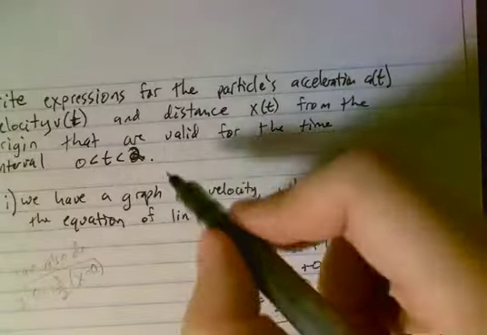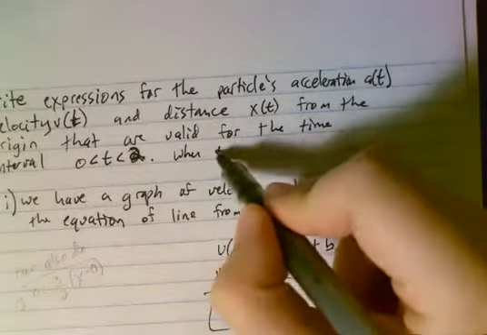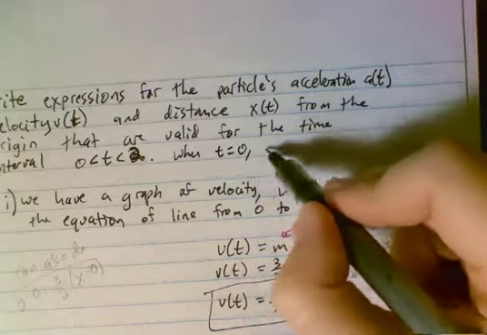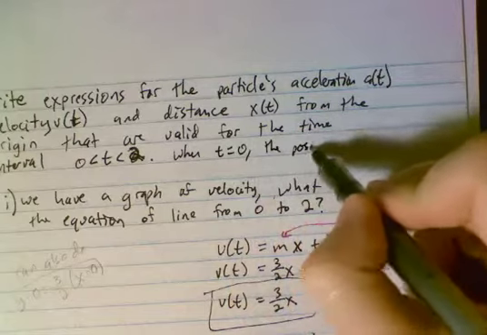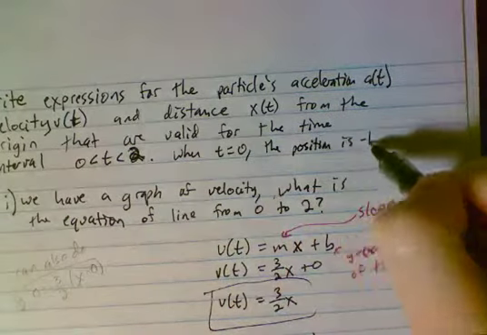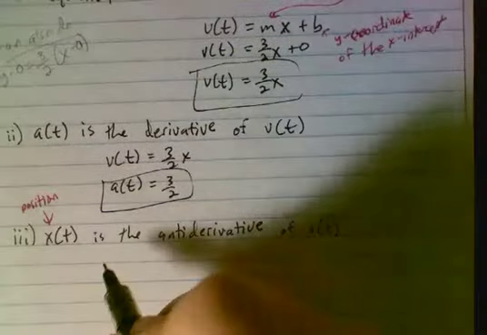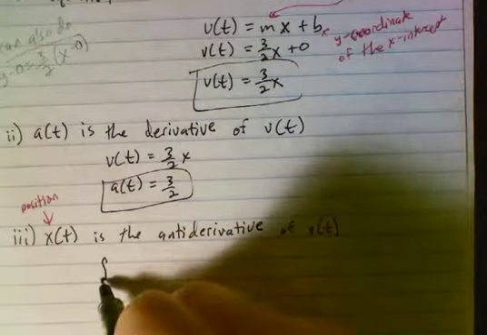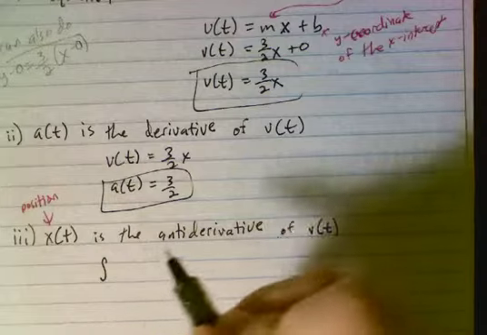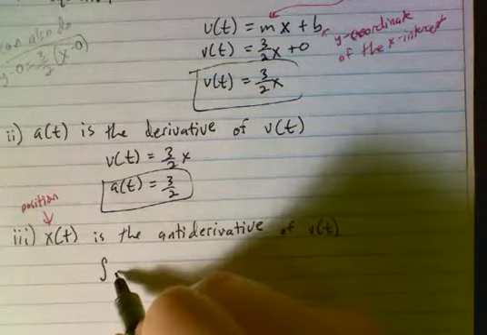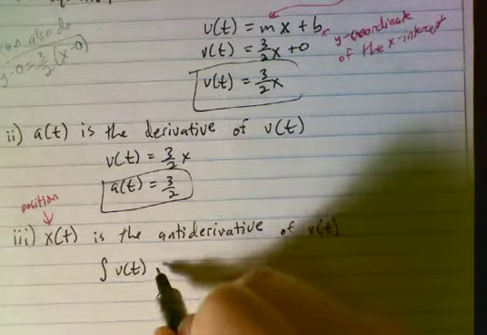Oh, there's one piece of information that I forgot to write in the problem. When t equals 0, the position is -1. So x of t is the antiderivative, so let's take the antiderivative of v of t.